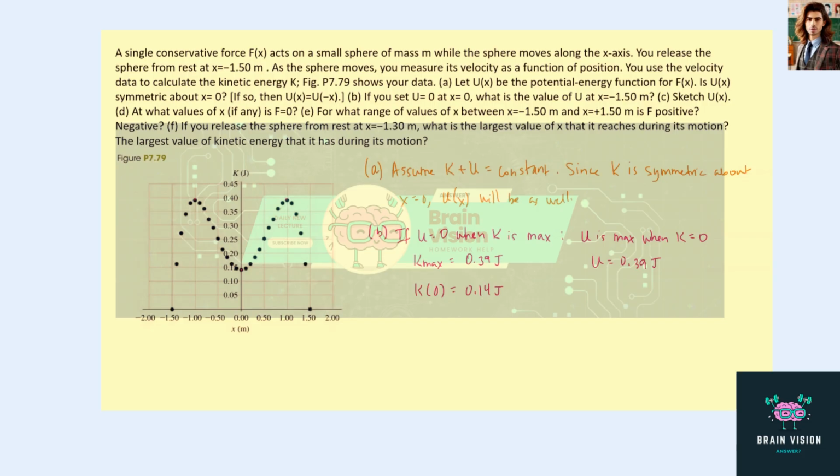And our graph of U of x is going to be basically a vertical flip of our kinetic energy curve, but we're going to shift it down because U equals 0 at x equals 0. So what this is telling us is that this point right here is going to become the peak of our U of x graph.